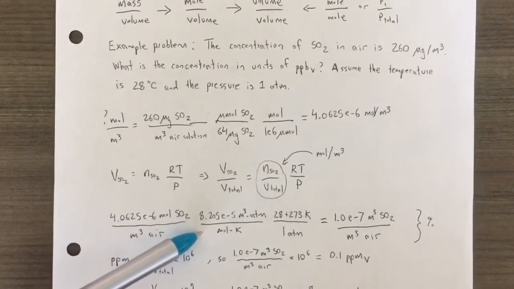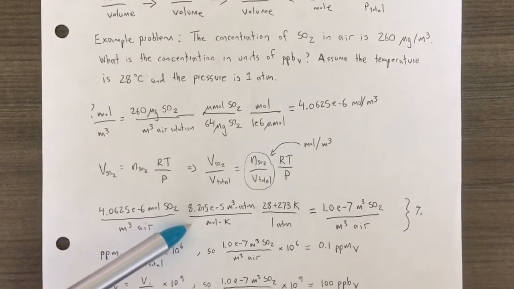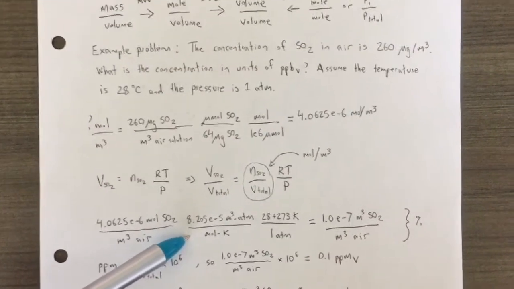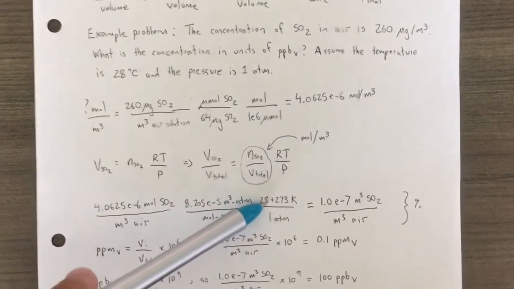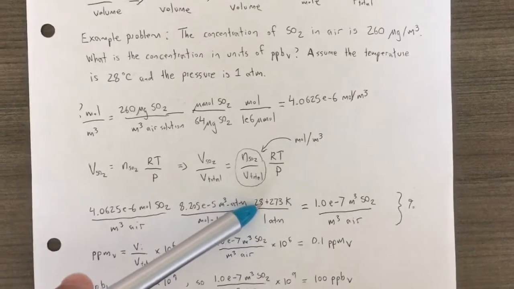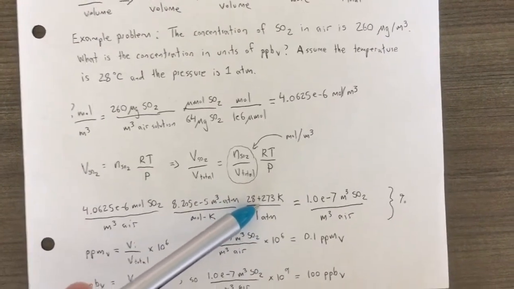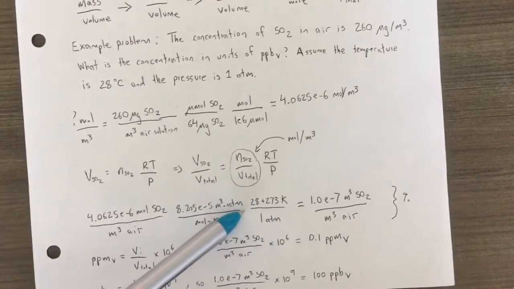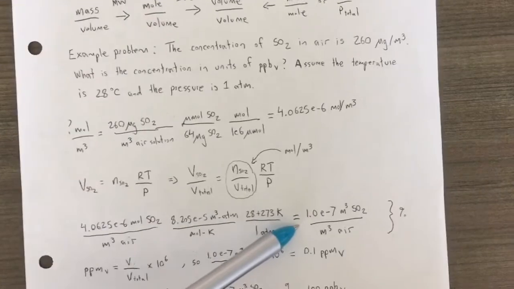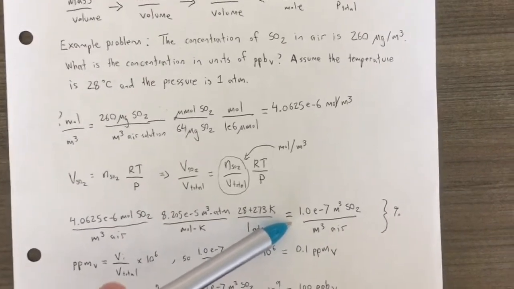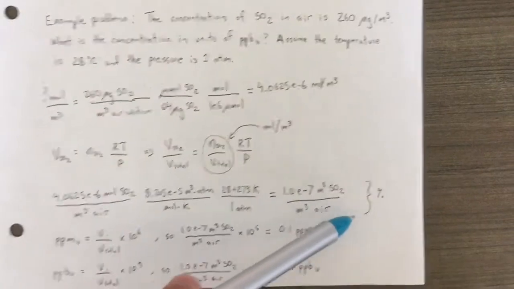I used one that makes the most sense for our problem, which is 8.205 times 10 to the minus 5 meters cubed atm per mole K. Here's temperature. Remember that you need to work on the thermodynamic temperature scale, so that would be 28 degrees C plus 273, so that you're in Kelvin units. 1 atm, you do the calculation, and it's 1 times 10 to the minus 7 meters cubed of SO2 per meters cubed of air. I'll come back to this comment in a moment.